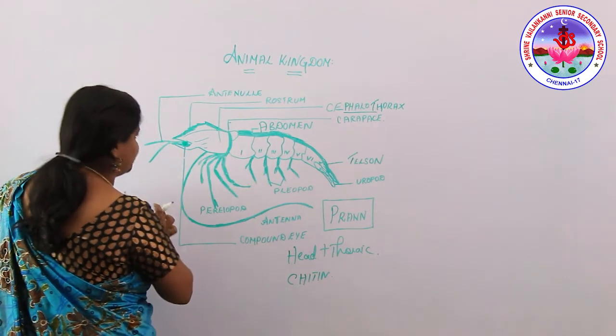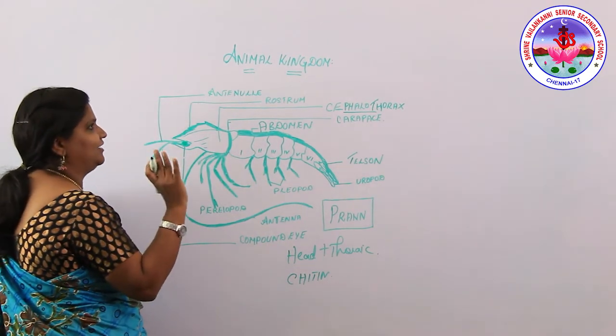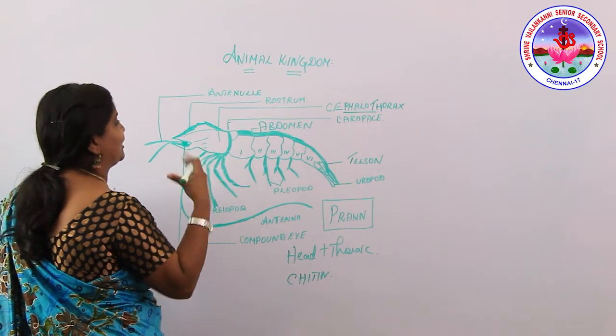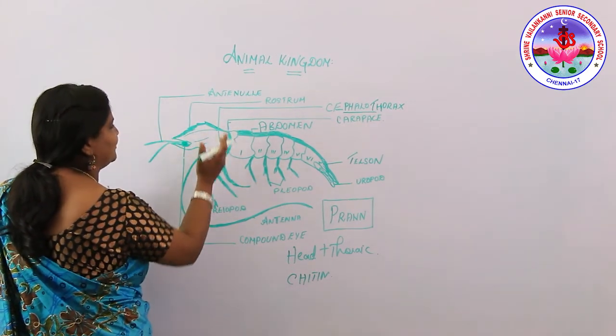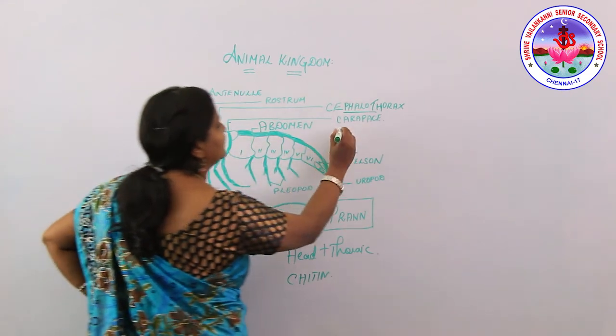In the thoracic region there is a helmet-like protection of the cephalothorax, which is the carapace.